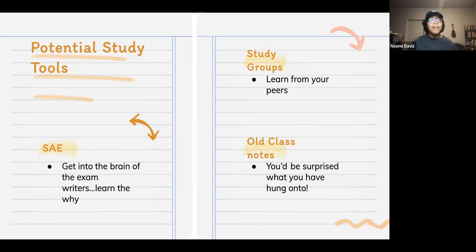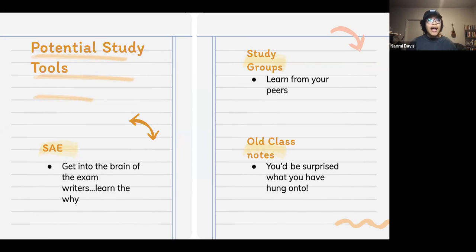It was really helpful for me to get into the brain of the test a little bit and examine why the answers were wrong, more so than why the answers were right, for all of the questions, especially the ones that I got right. Because it was more important for me to know why those answers were important, because then I could apply some of those same concepts when I actually took the exam.